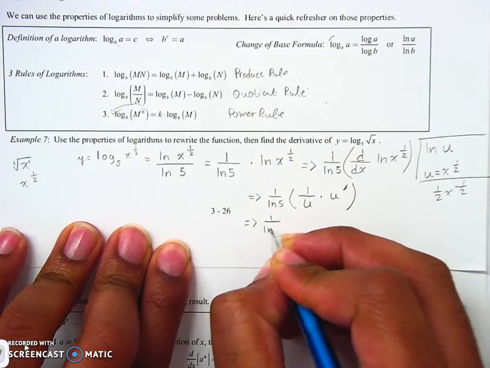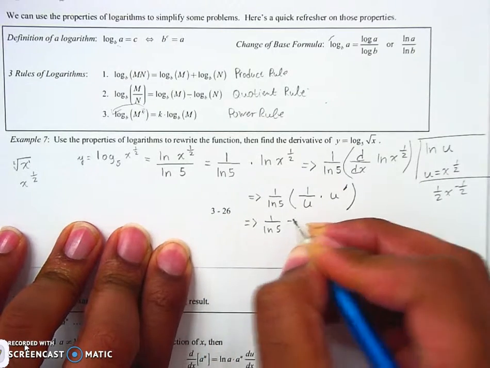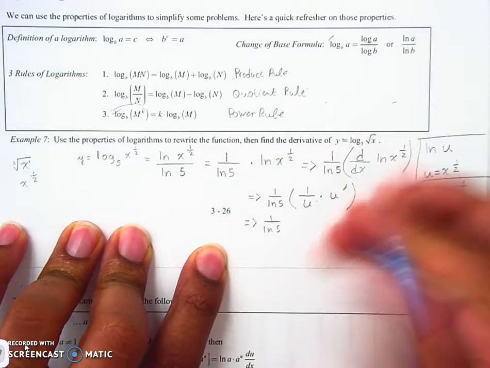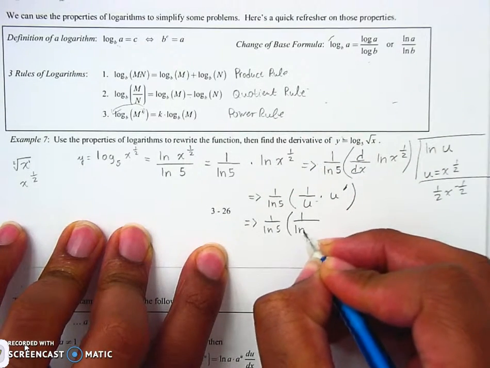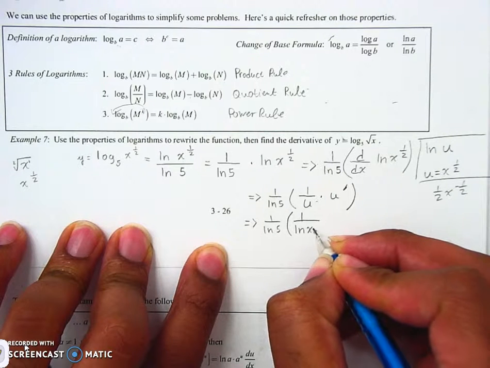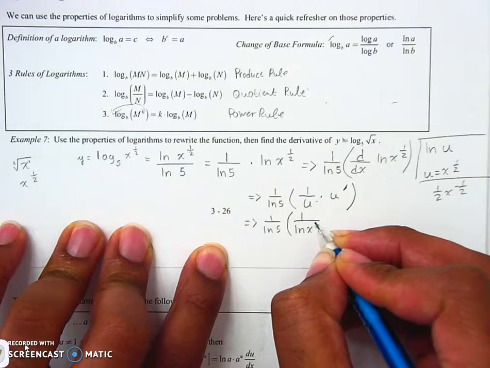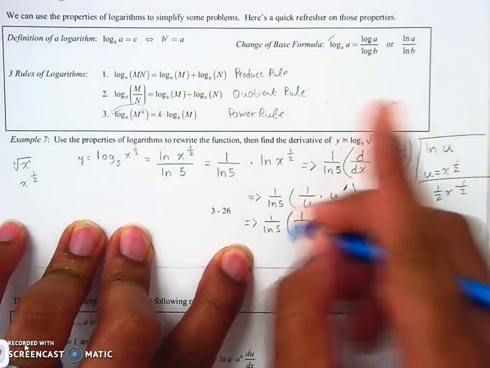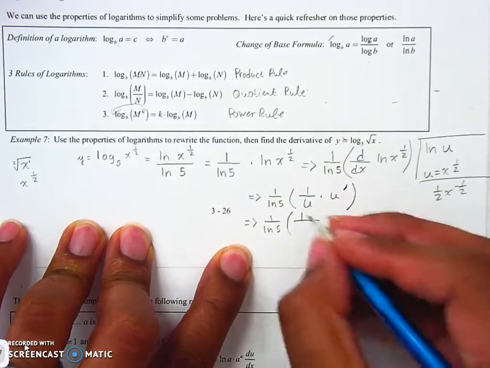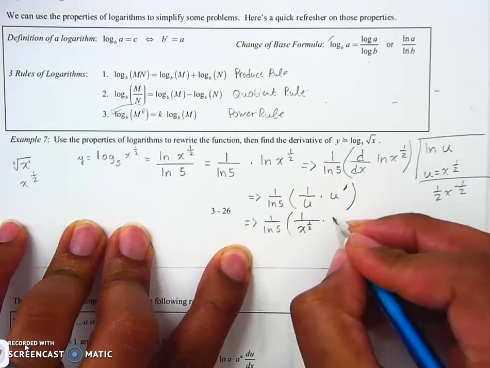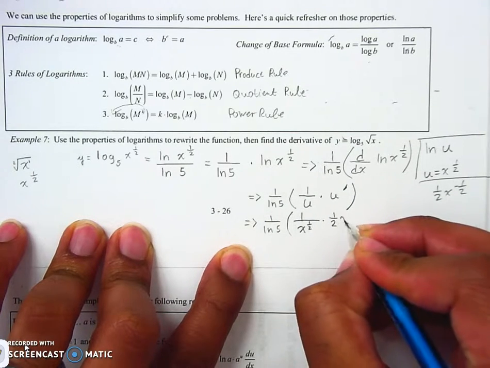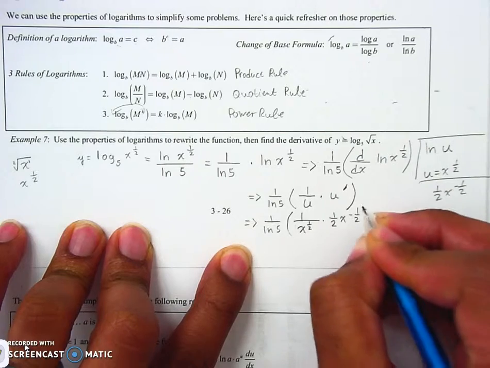That's 1 over natural log 5 times 1 over u, which is 1 over x to the 1/2 power, times 1/2 x to the negative 1/2 power.